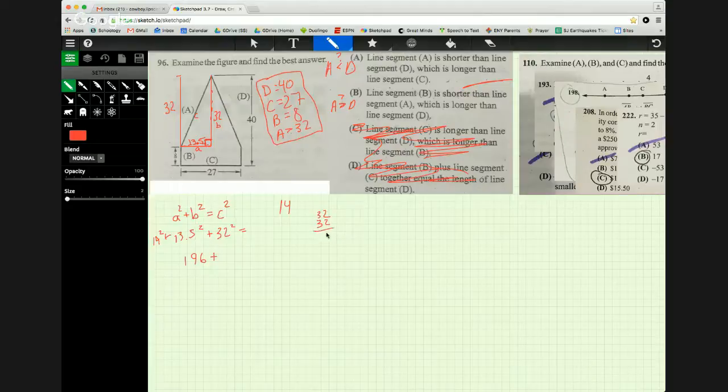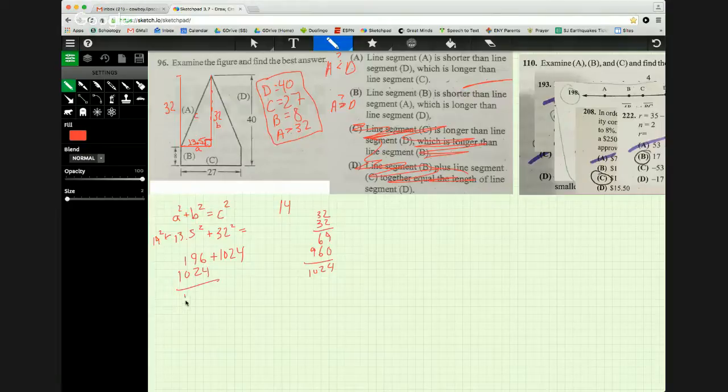So I'm going to have to multiply this one out and get 1024.